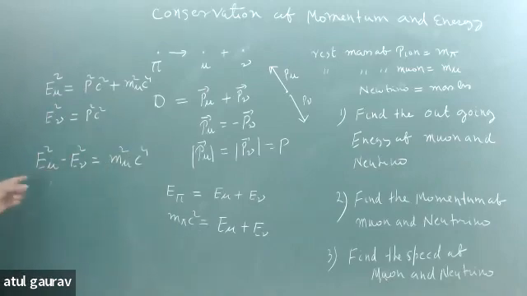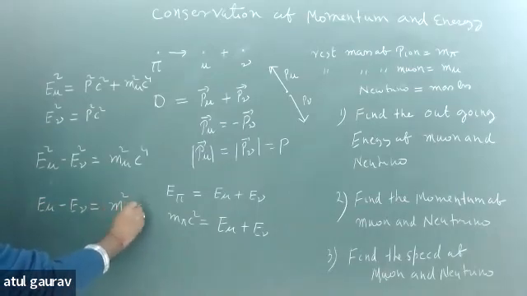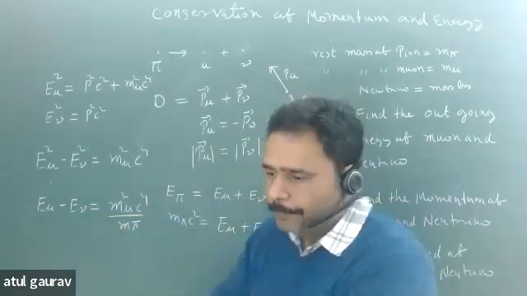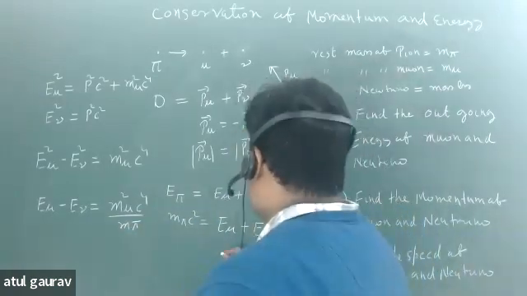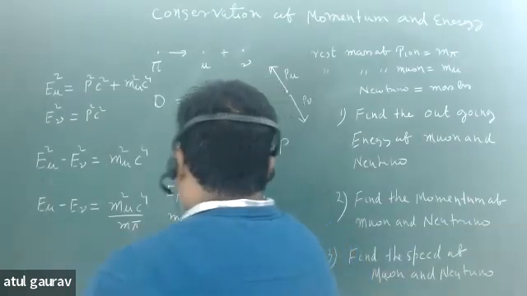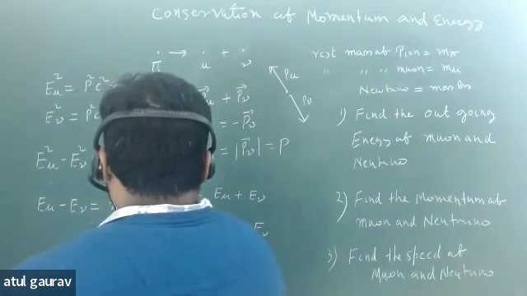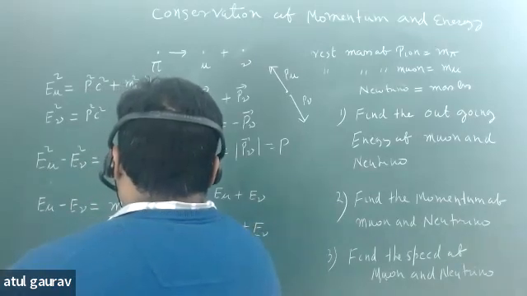And you can easily use A plus B and A minus B here. So the second equation is E mu minus E nu is equal to M mu square C4 by M pi. Everyone is comfortable? So you can put it here: E mu minus E nu is equal to M mu square C square by M pi.